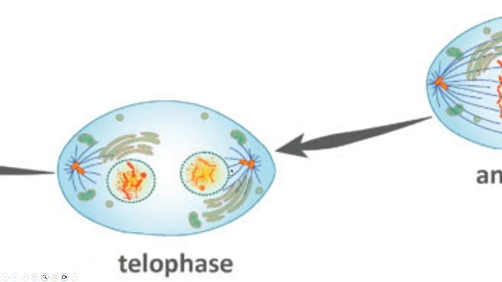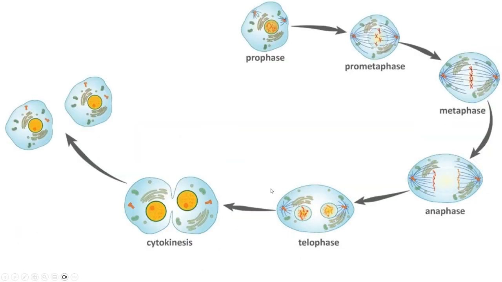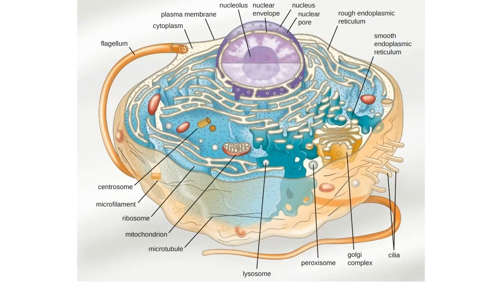And now that the spindles are done with their job, the nuclear membrane is going to reform in telophase. But notice what had a very key role in this whole process. It was the centrosome and the cytoskeleton.